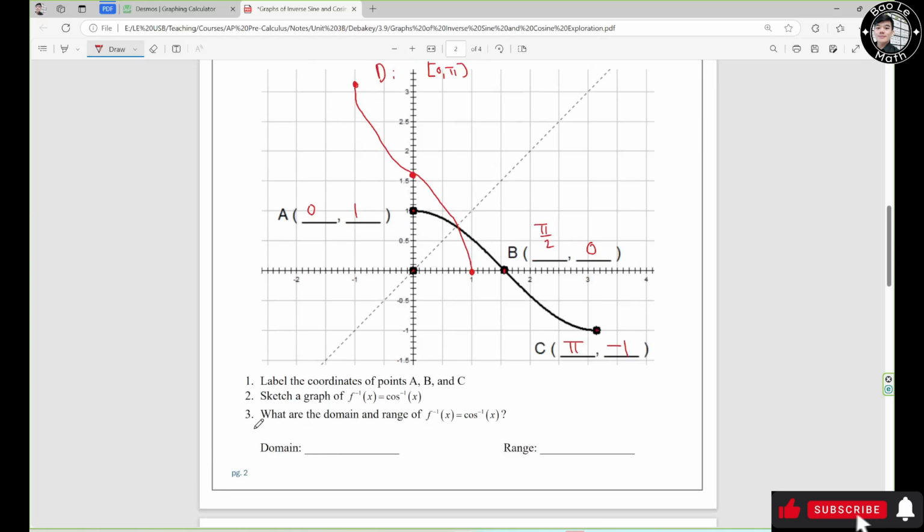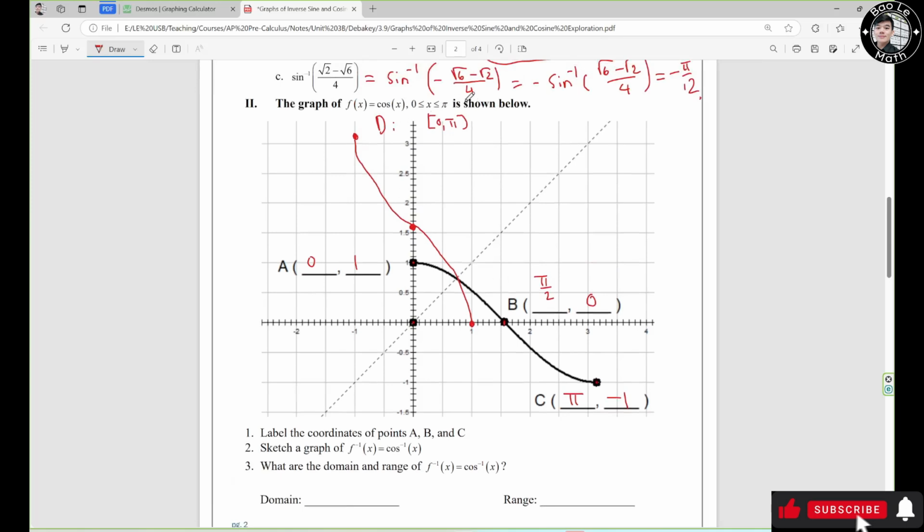Now, question number 3. What are the domain and range of the f inverse, the inverse cosine function? Alright, so we just grab this one right here. We have the domain right here and the range should be negative 1 to 1. So this one should be negative 1 to 1.